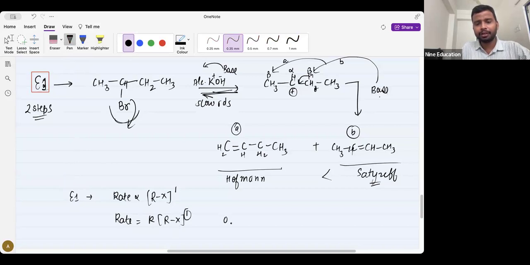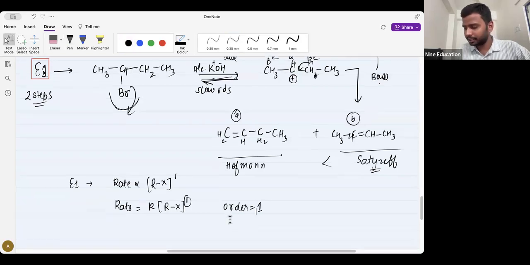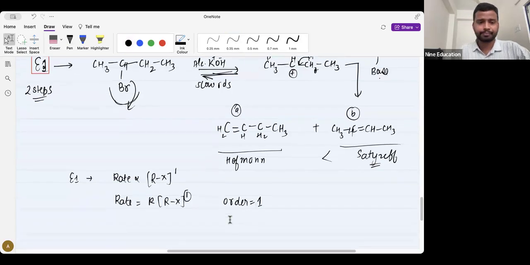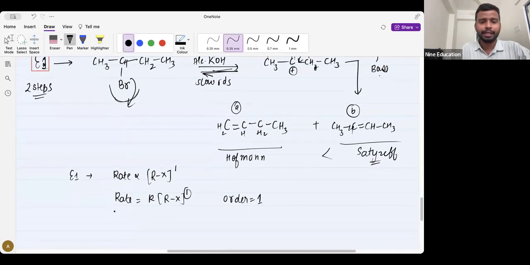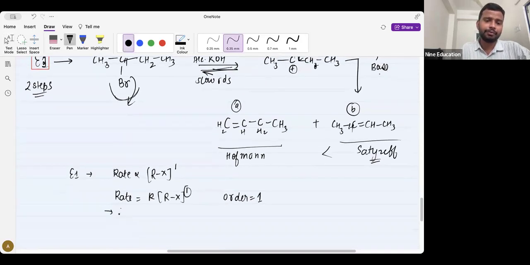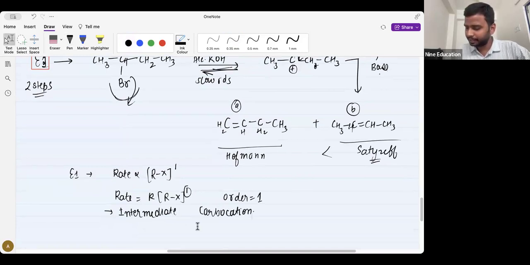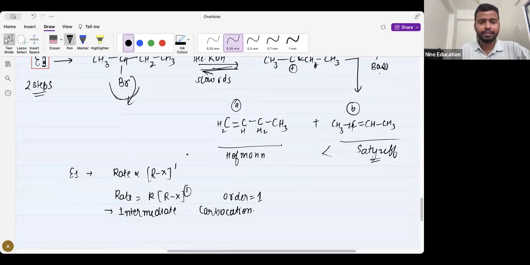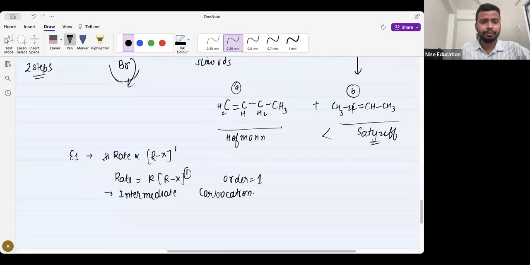This 1 shows that the order of the reaction is 1. In this E1 elimination you have to get an intermediate, which is a carbocation. The carbocation intermediate is made.